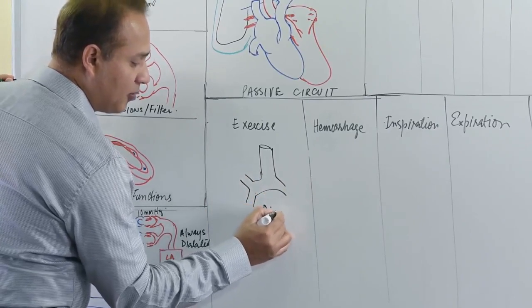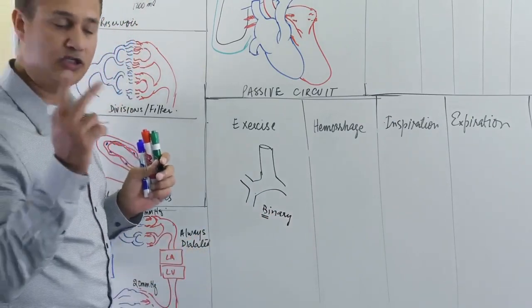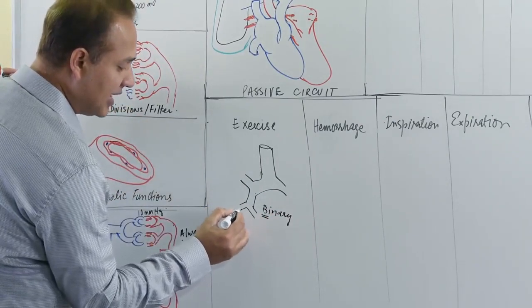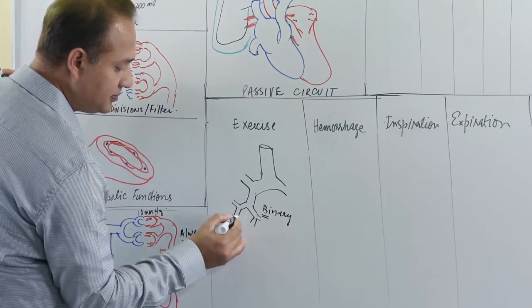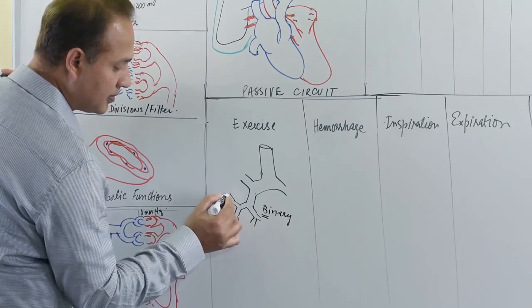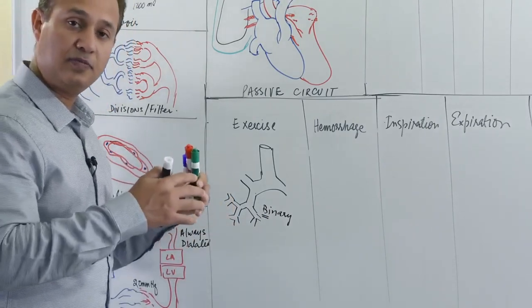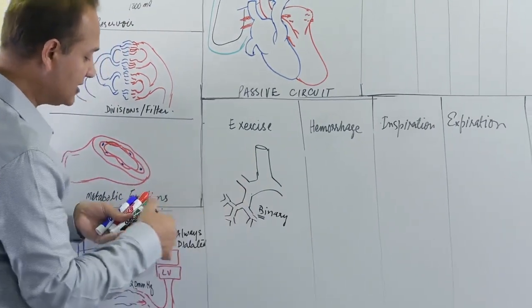Binary means in a fashion of two. Bi means two. So as the airway divides in binary, that means every branch gives two branches. So do the vessels divide as well. So arteries would follow the same pattern.